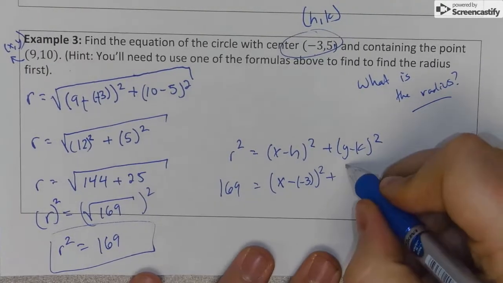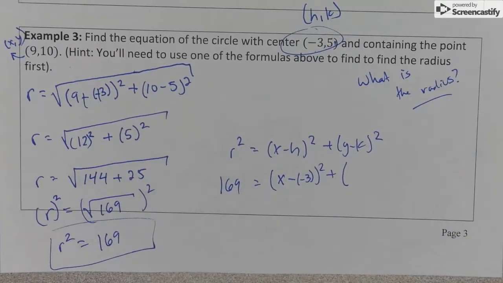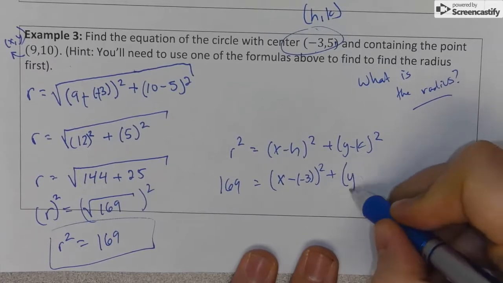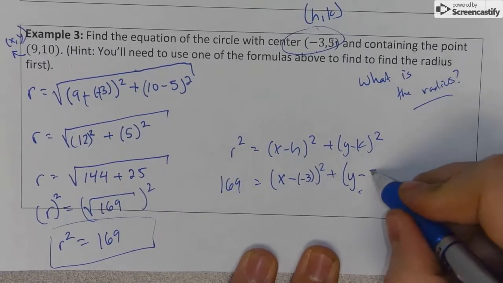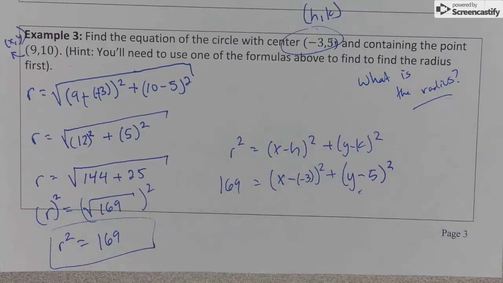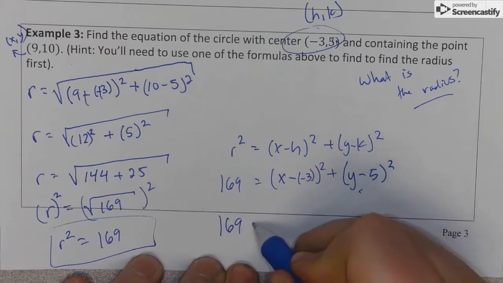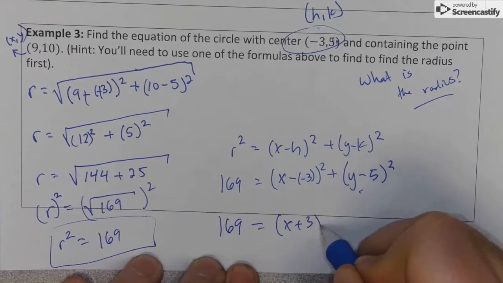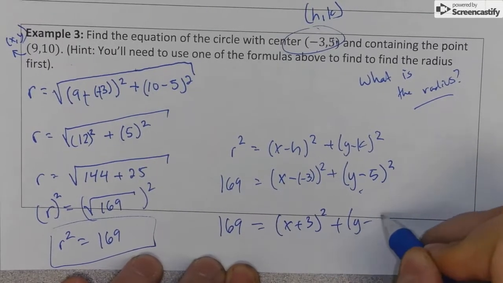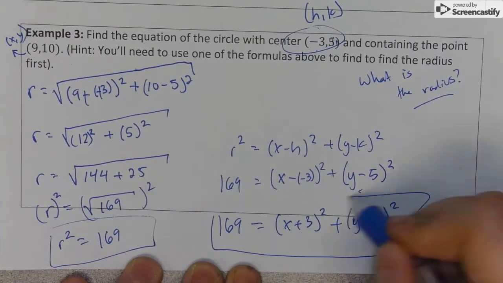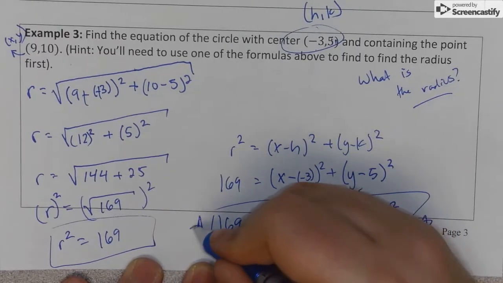And we're going to put plus. And again, we're not going to plug in the point 10 because we used that point already to help us find what our radius was. So we're going to say y minus, but we are going to put in the k value, which is 5. So it'll be y minus 5 quantity squared. So simplifying and cleaning it up, you have 169 equals x plus 3 quantity squared plus y minus 5 quantity squared. And this is the equation of your circle. So this is what they were asking for.